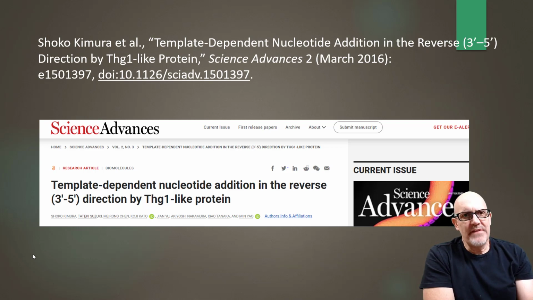But they found lots of interesting pieces of information as they were looking into this particular process. First of all, they found out that it's actually a lot more complicated than going from the 3' to the 5' end.